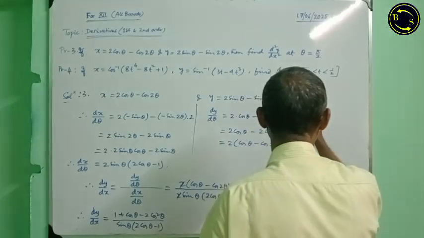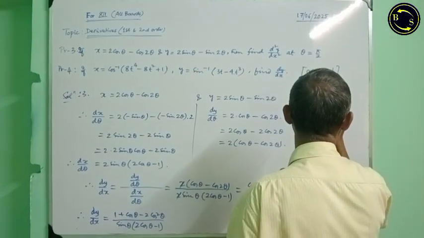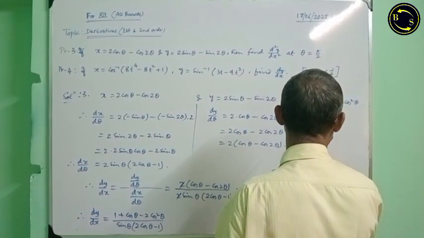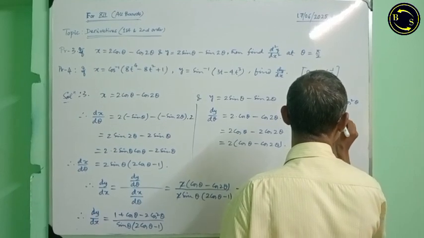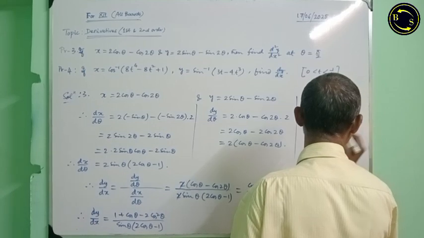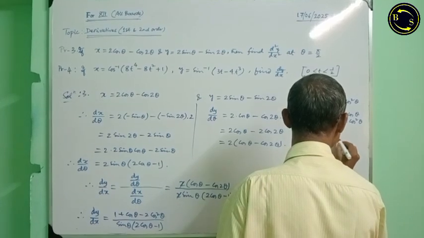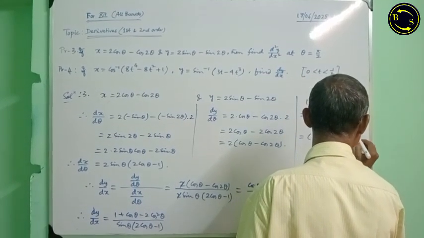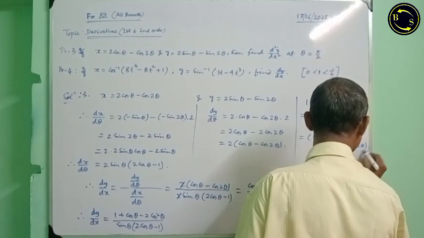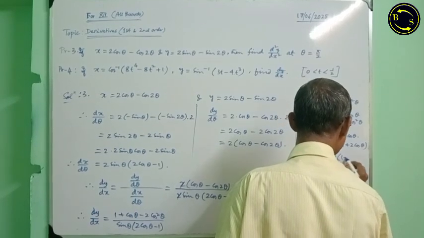I do that on the right side. 1 plus cos theta minus 2 cos square theta is equal to 1 plus 2 cos theta minus cos theta minus 2 cos square theta. That is equal to 1 plus 2 cos theta minus cos theta within brackets 1 plus 2 cos theta, which is 1 minus cos theta into 1 plus 2 cos theta.